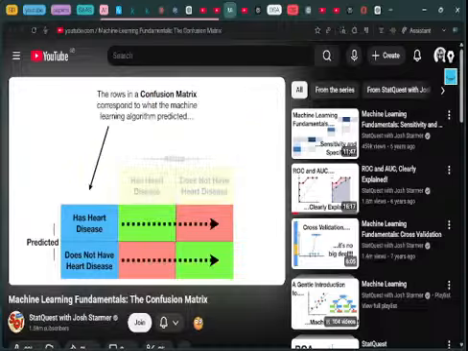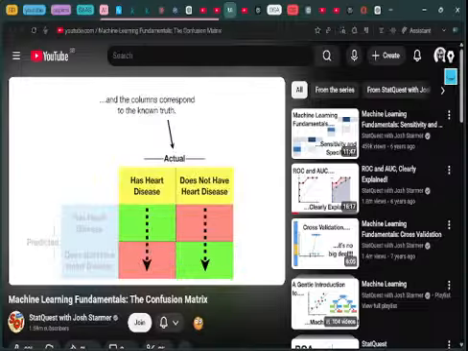The rows in a confusion matrix correspond to what the machine learning algorithm predicted, and the columns correspond to the known truth.